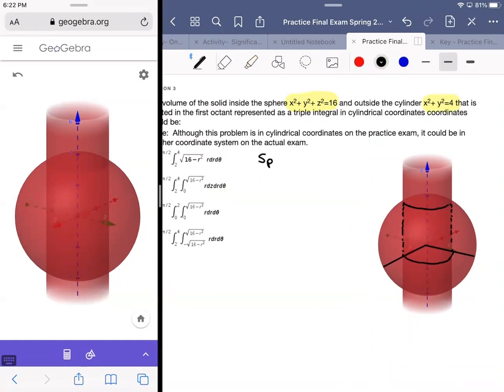So let's take a look at the sphere in the xy plane. That would be x squared plus y squared plus 0 squared equals 16. But we want to get it into cylindrical coordinates. We know that x squared plus y squared is the same as r squared. So r squared equals 16, making r equal to 4.